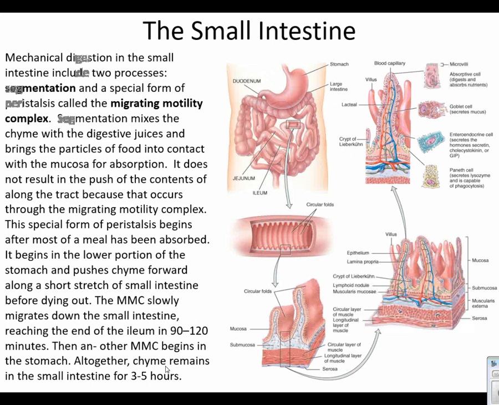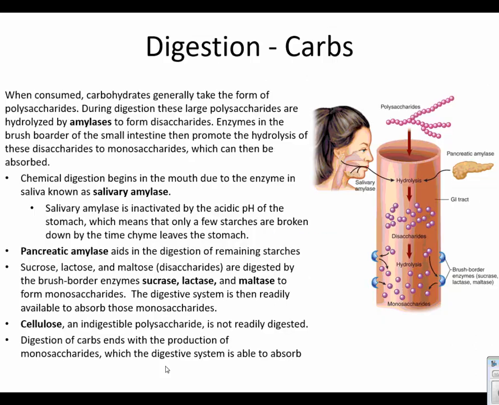It could be as low as 2 in the stomach and as low as 3 in the small intestine, so it could be as few as 5 hours. But we're still not even pushing that chyme out of us because we still have the large intestine. Now, before we get into the large intestine, we have to talk about digestion and absorption in greater detail.